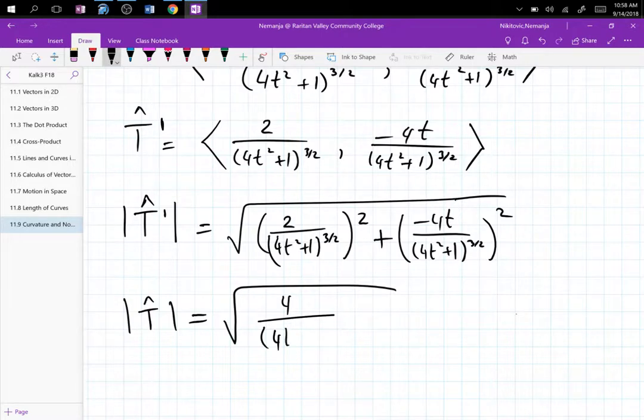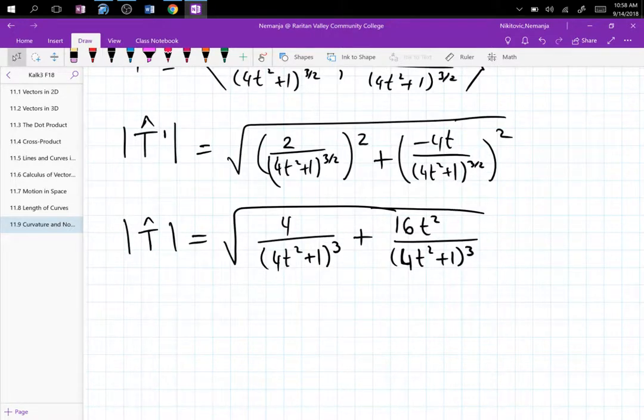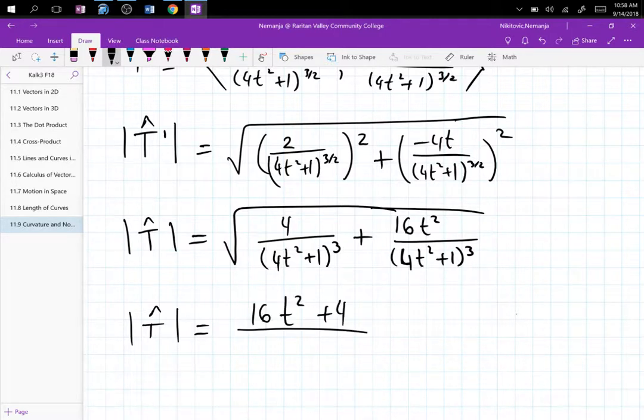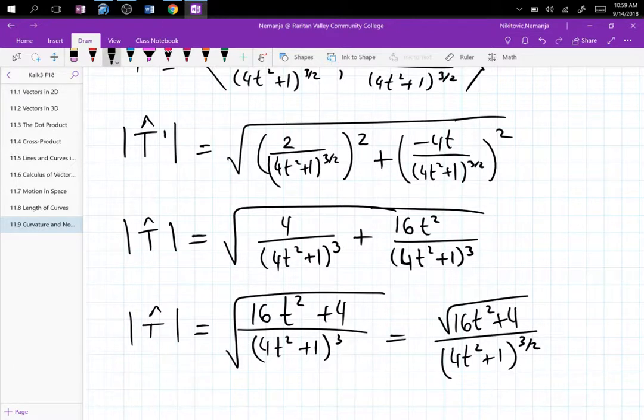So you have (4t squared plus 1) cubed plus 16t squared over (4t squared plus 1) cubed, which gives you 16t squared plus 4 over (4t squared plus 1) cubed, square root, which is this nice square root of 16t squared plus 4 divided by (4t squared plus 1) to the 3/2. So there's your magnitude.